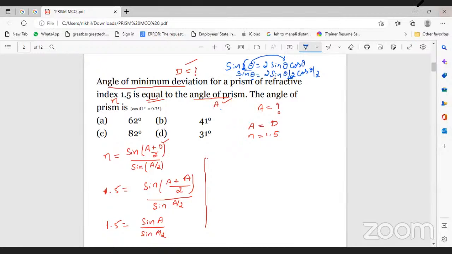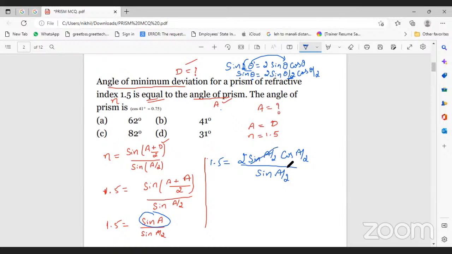So in the same way, what is the formula for sine A? We can replace sine A by 2 sine A by 2 into cos A by 2. Whole thing divided by sine A by 2.